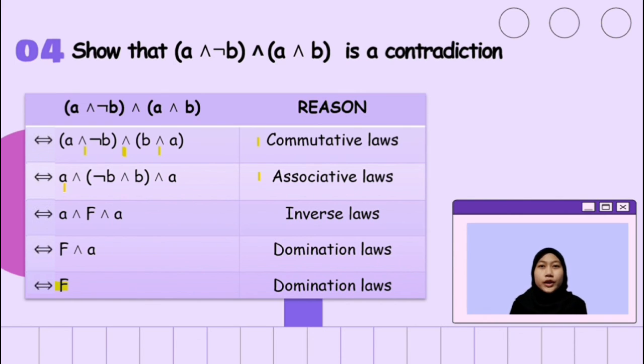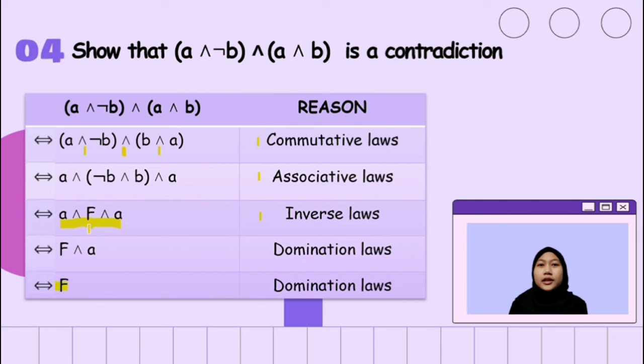So now our new equation is A and open bracket not B and B close bracket and A. Next, using the inverse law, we know that not B and B is equivalent to F. So now we have A and F and A. We can choose if we want to use A and F or F and A because the answer will be the same. Let's say I choose A and F.